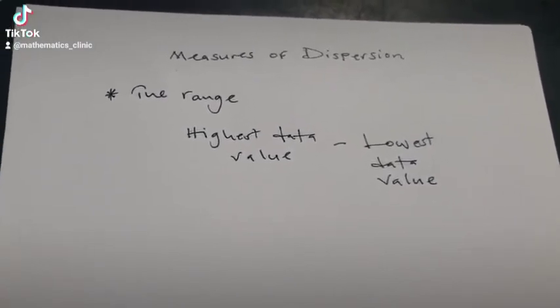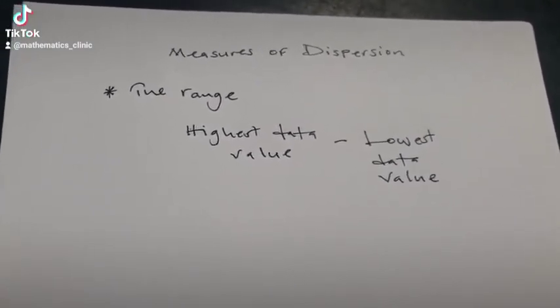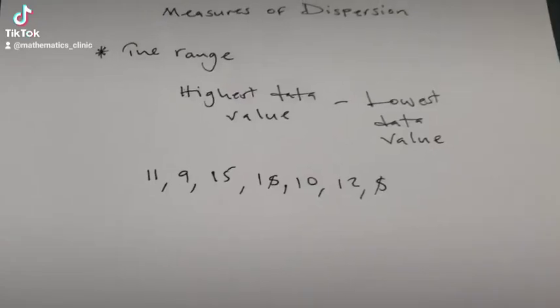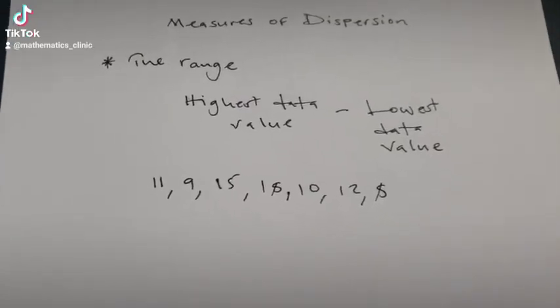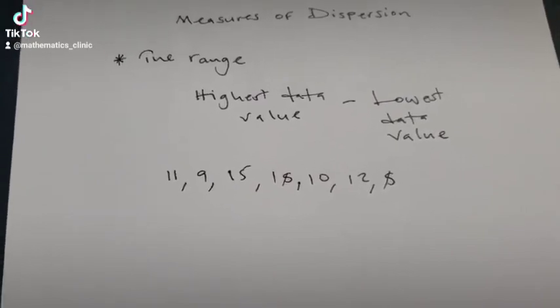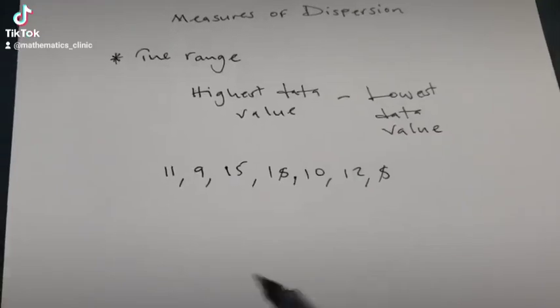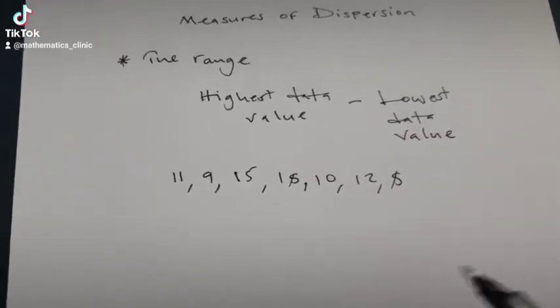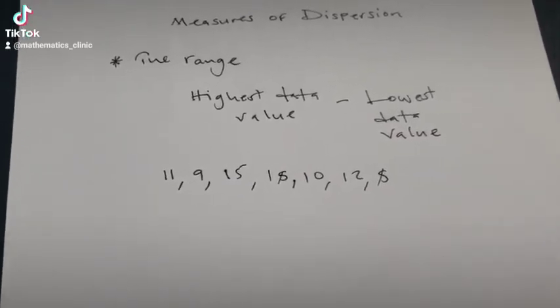Let's see if we can look at an example of how to find this. Suppose I have this data. How do I find the range? Of course, I need to rearrange this so that I know which one will be my smallest and which one will be my highest.